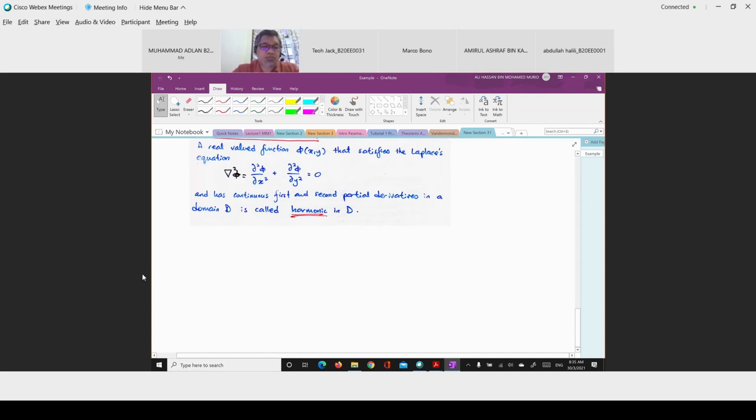It's called the Laplace equation. For example, we have a Dirichlet problem. A Dirichlet problem is the problem of finding a function phi of x and y such that it is harmonic in the region D, and it has boundary data. On the boundary gamma, it satisfies a function phi naught.